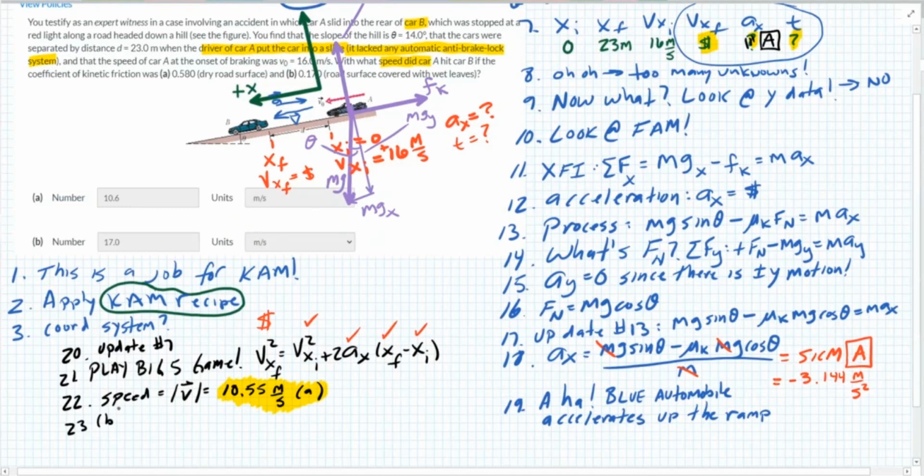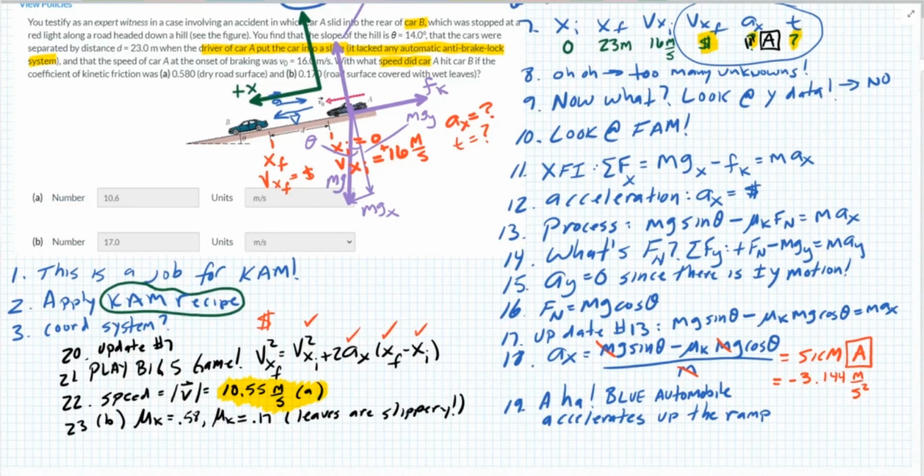So for part B, everything's the same, except instead of the coefficient of kinetic friction equaling, in my case, 0.5, mu sub k now equals something less, for me 0.17, because it's slipperier. Wet leaves are slippery. So now much more dangerous, much more sliding.